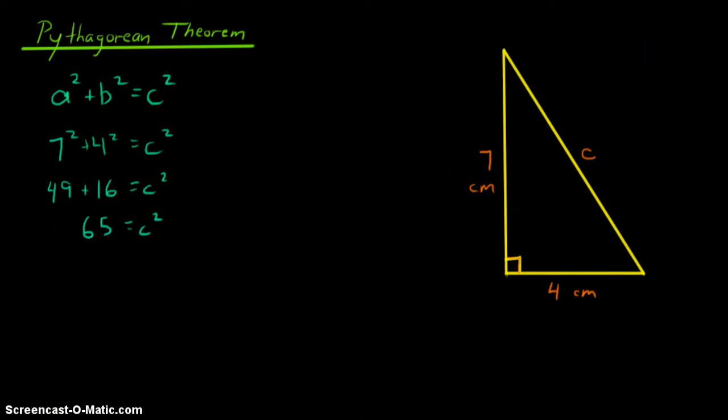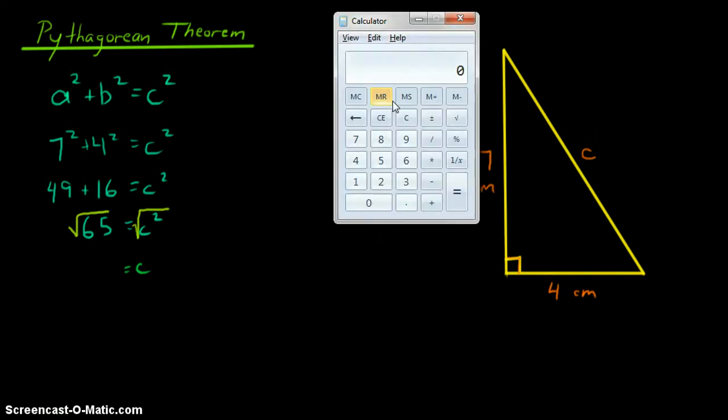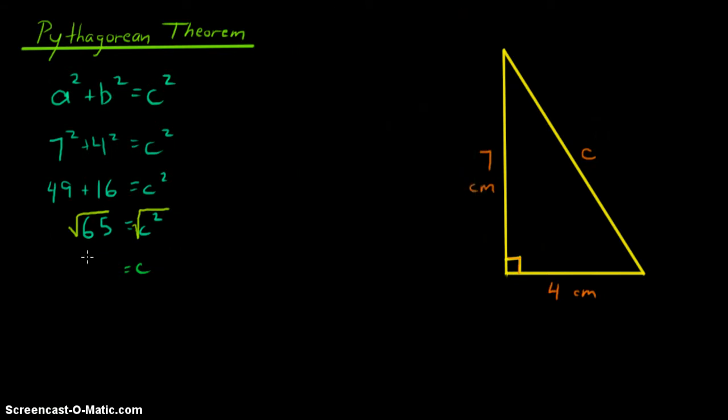Now, if you recall anything about exponents, the opposite of squaring something is the square root of something. So to get rid of that square, we do a square root. The square root of C squared is just C, and the square root of 65 would be just over 8, I believe. 8.06.